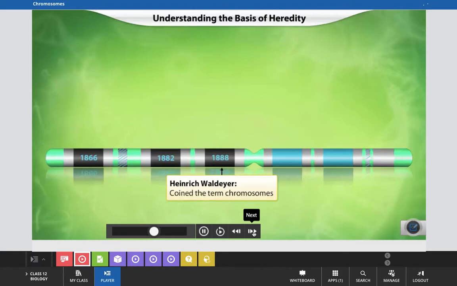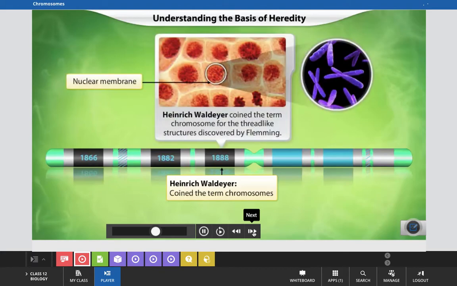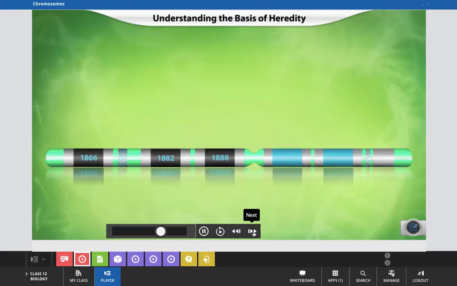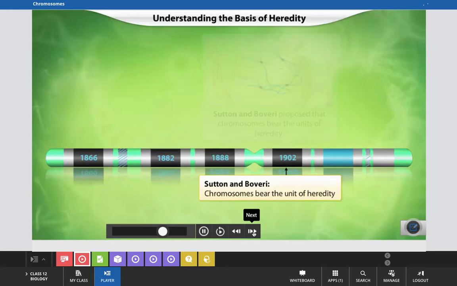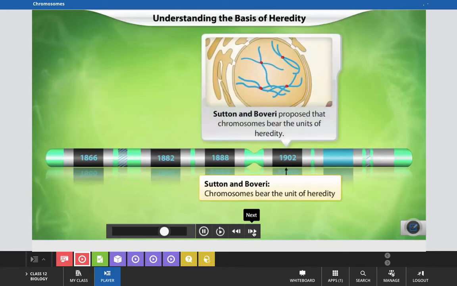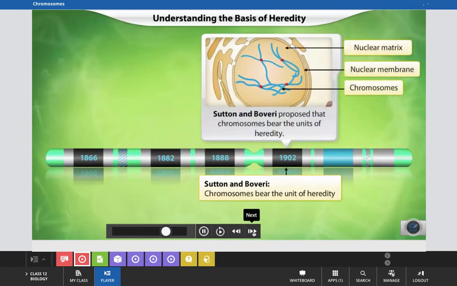1888, Heinrich Waldeyer coined the term chromosomes for the thread-like structures discovered by Flemming. 1902, Sutton and Boveri put together the findings of Mendel and Flemming to propose that chromosomes bear the units of heredity.